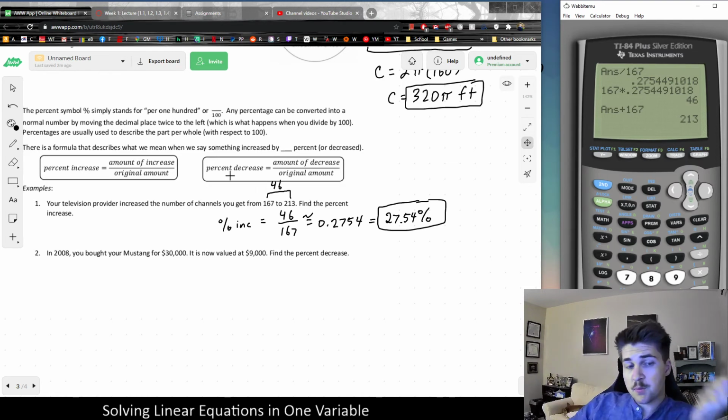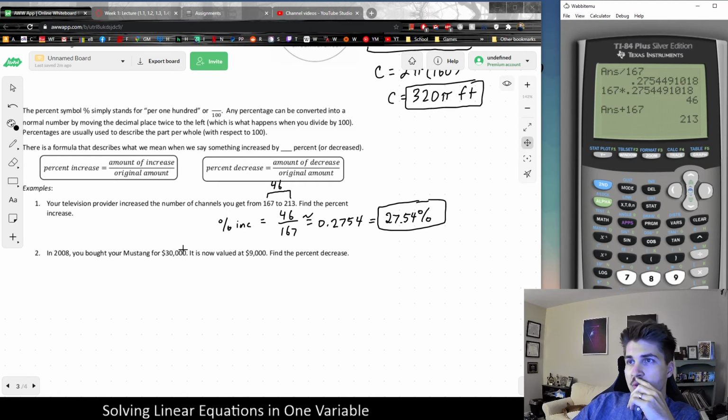The same goes for percent decrease. If you multiply the percent decrease into something, it should tell you how much it's shrinking by. Let's look at number 2. It says in 2008 you bought your Mustang for $30,000. It is now valued at $9,000. Find the percent decrease.